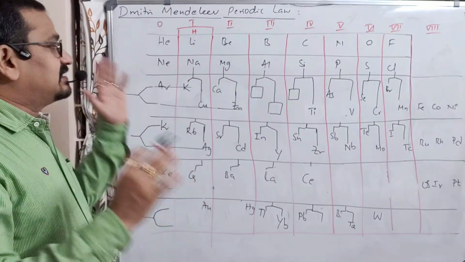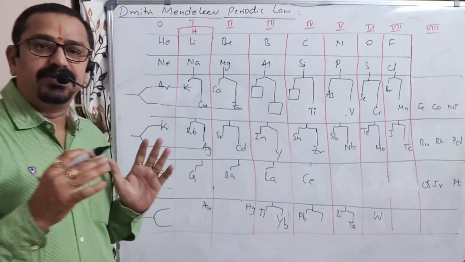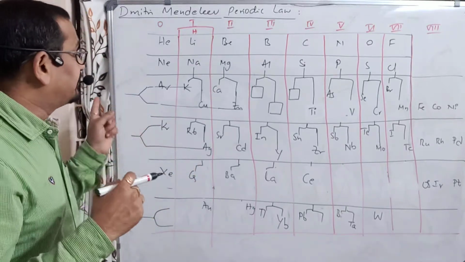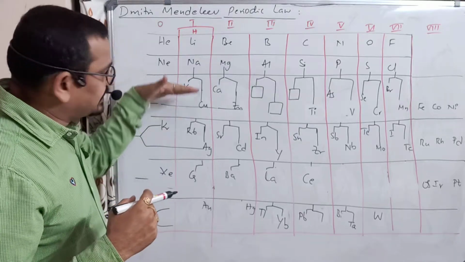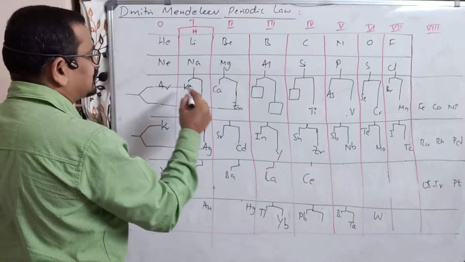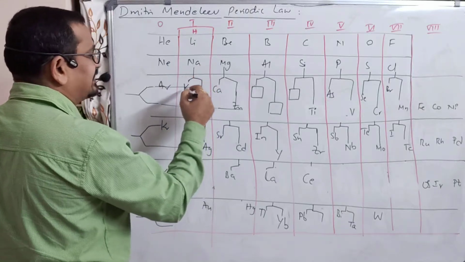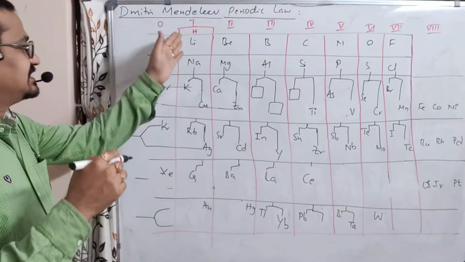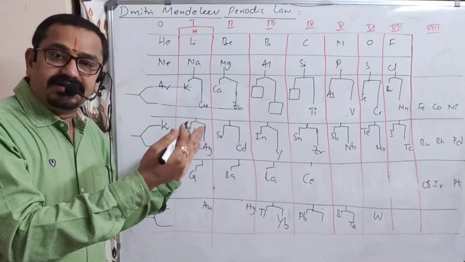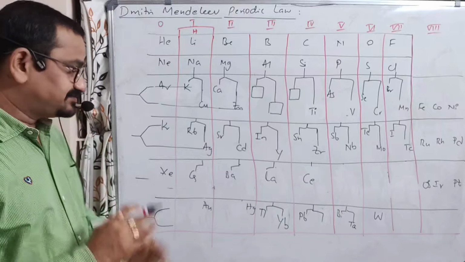Earlier he had given a short form of the periodic table containing 7 periods and 9 groups. Later he divided each period into 2 sub-periods, and in the same way he divided each group into 2 subgroups. One contains a regular series of metals, and the other contains transition metals having similarity in properties.